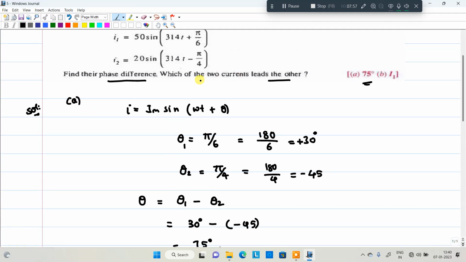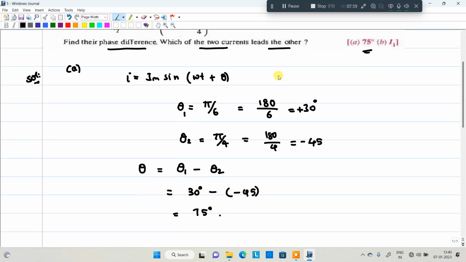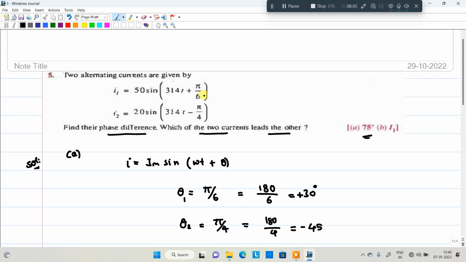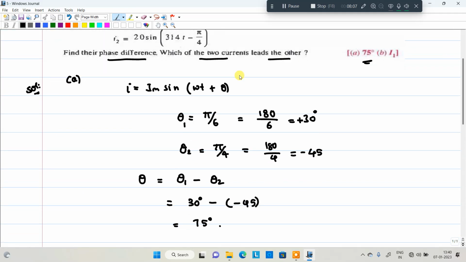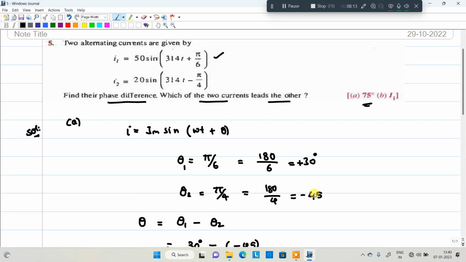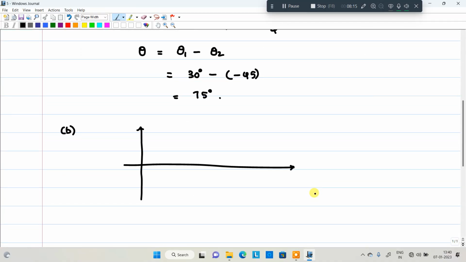Coming to the second bit, which current is lagging or which current is leading? Initially we have I1. For example, I will consider this as the waveform for I1. It is starting from 30 degrees.